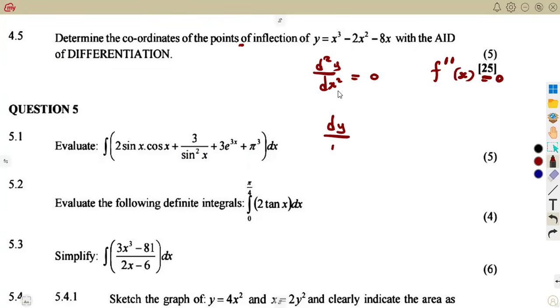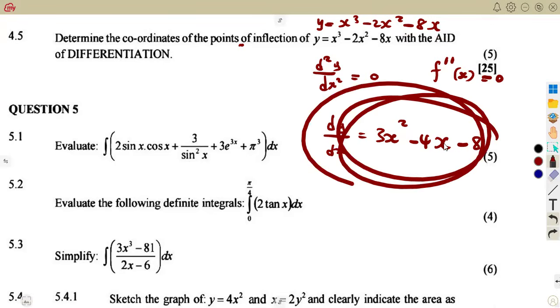What is dy dx from this? Y, which is x cubed minus 2x squared minus 8x. So we drop the exponent. This was going to be 3x squared minus 4x. This is minus 8x, guys. You're going to get minus 8 as a constant because it's linear. So this is the first derivative.